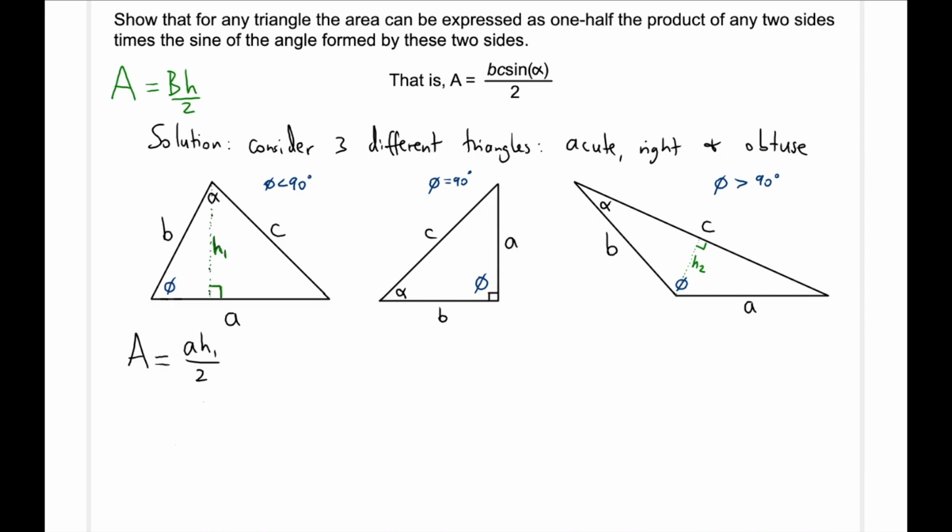The first thing we want to do is use the law of sines, because the law of sines gives us so many different combos of sine of angles, and also it relates the sides with the corresponding opposite angles, so it's going to be very helpful for us. We want to substitute the A with B's and C's, right? So we need to involve A, and the law of sines, of course, is A divided by sine alpha.